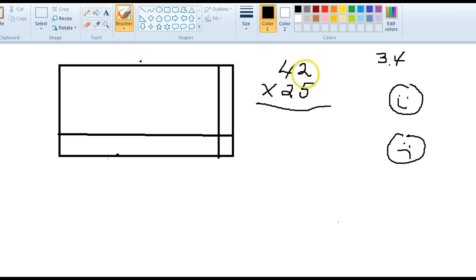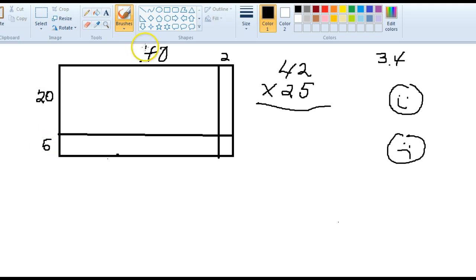So we're doing 42 times 25, or 25 rows of 42. Over here, we're going to break apart our 40 into 40 and 2. And over here, we're going to break this into 20 and 5.